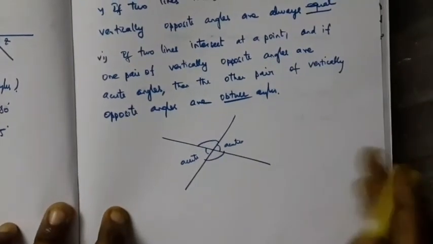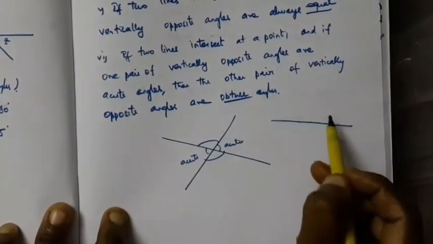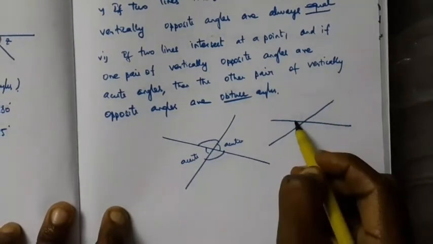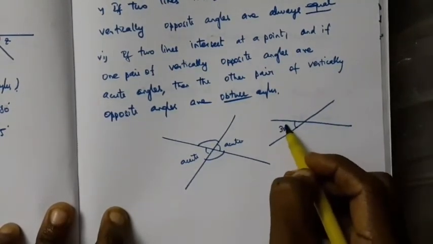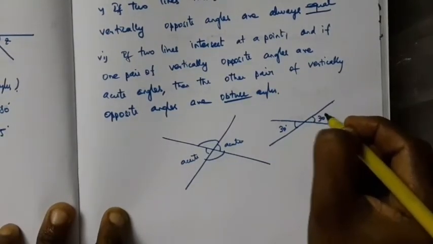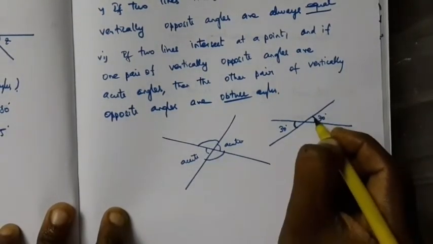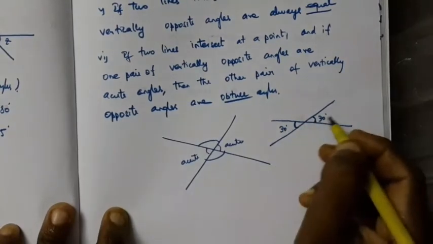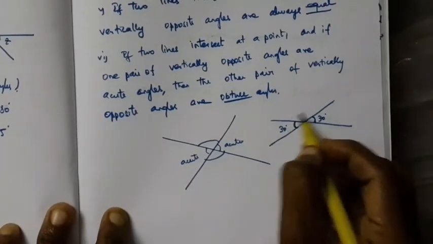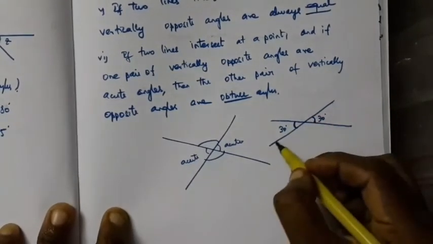For example, to make it clear, let me draw like this. So this is 30, for example, and this is 30. This is one pair of vertically opposite angles, 30 and 30, but both are acute angles. Now what about these opposite angles? So take this line.